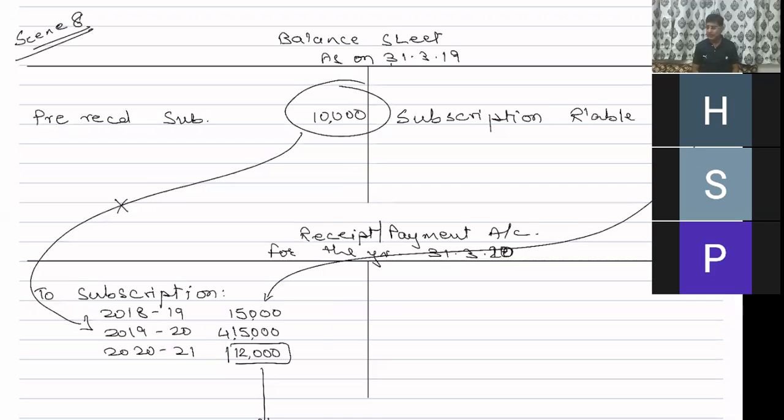These all are independent scenes. Either of that can be asked in the examination. Like when it comes to your problem in the examination, that problem would not include all of these. Will be including either of these 9 scenes.